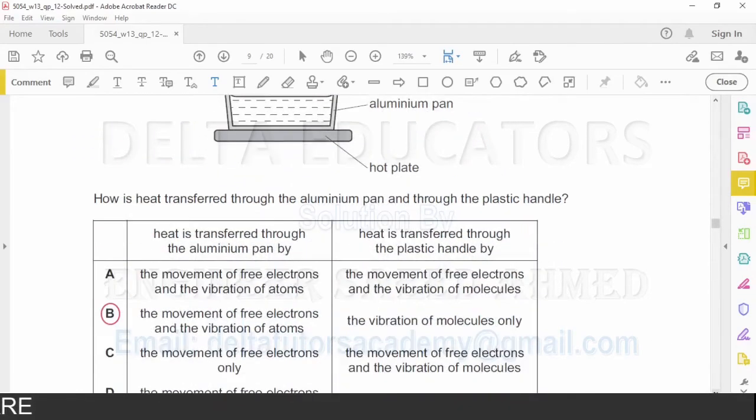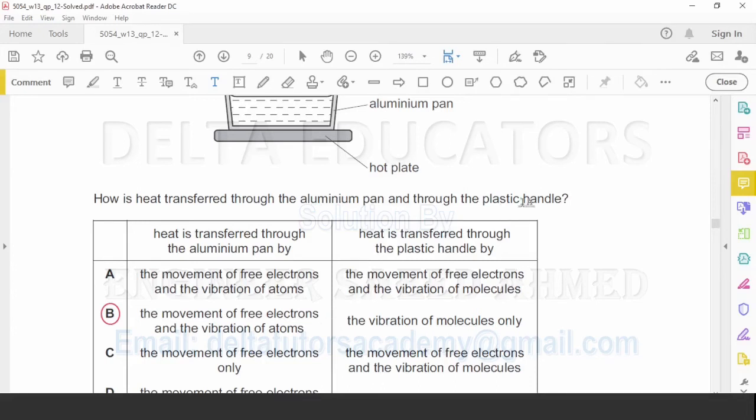Now in the options, we have two columns here. In the first column it is given heat is transferred through the aluminum pan by, in option B it is given the movement of free electrons and the vibration of the atoms. It is discussed here that in the aluminum pan heat energy is transferred because of the vibration of atoms and also because of movement of free electrons.